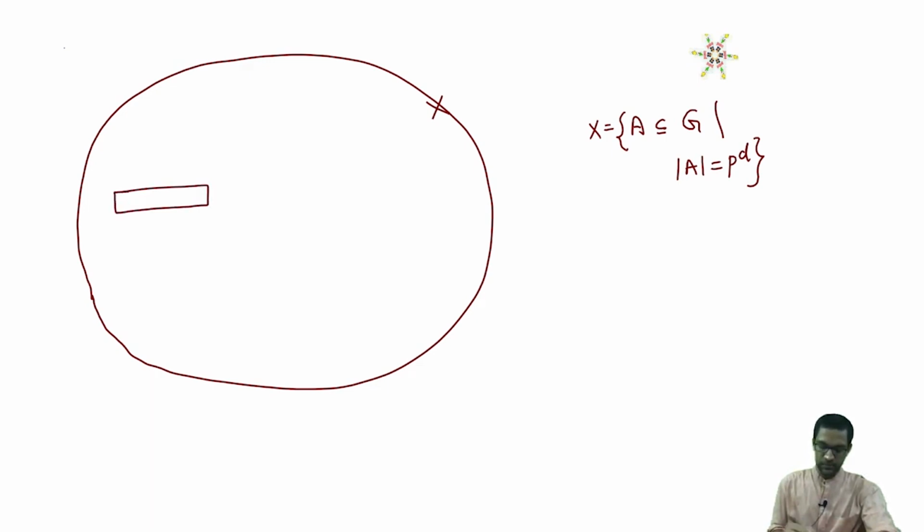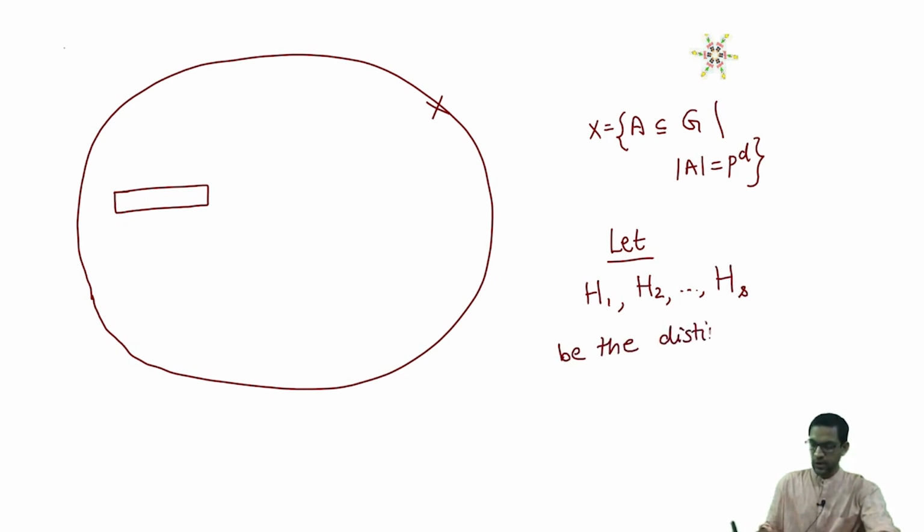So let me give them names. Let's assume that H1, H2, till some number Hs, are the distinct p Sylow subgroups of G. Recall, by the second Sylow theorem we know they're all conjugates of each other.